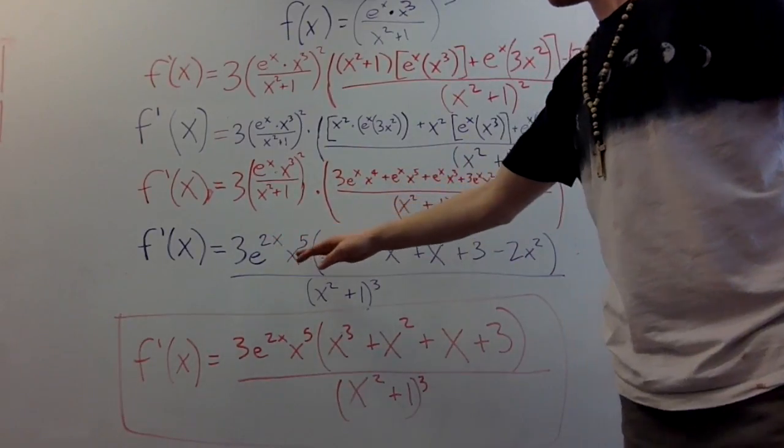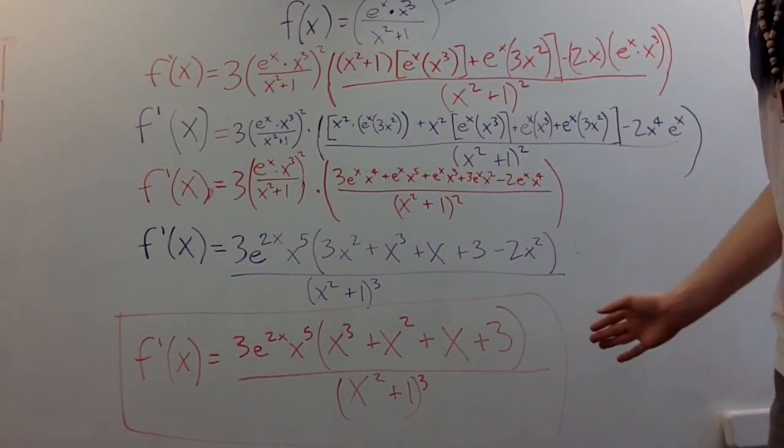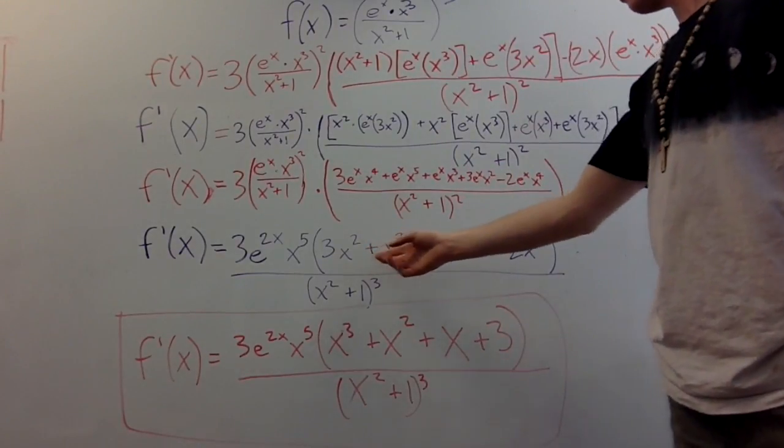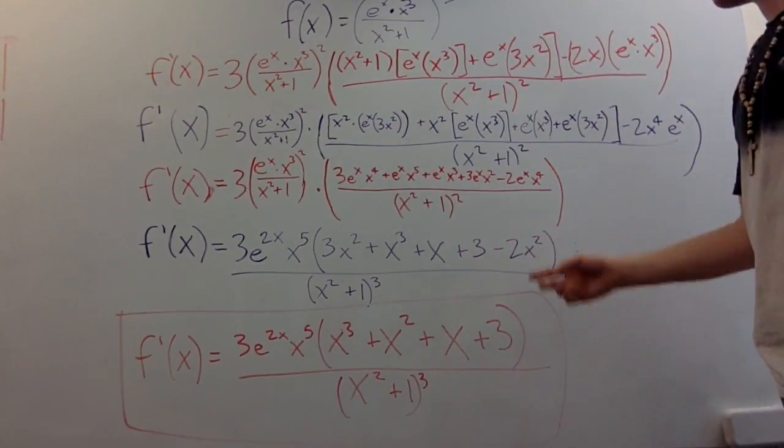So 3 e to the 2x, x to the fifth, times what's remaining from here after factoring out, which is just 3x squared plus x plus 3 minus 2x squared.